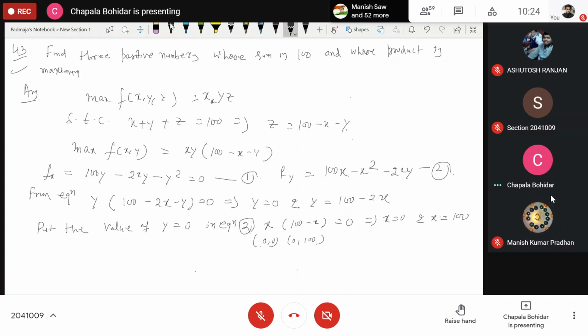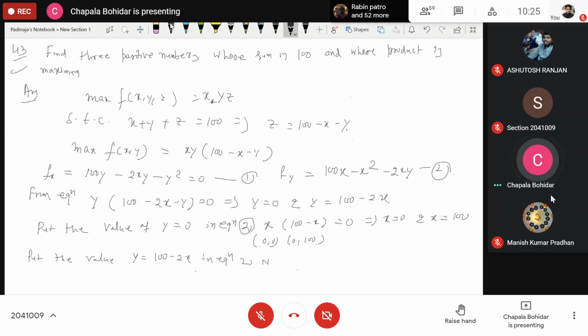Okay. So now here is your value. Again, y is equal to 100 minus 2x. We have to put that value in equation 2. What is our equation 2? Yes. y is equal to 100 minus 2x, we have to put it in equation 2.